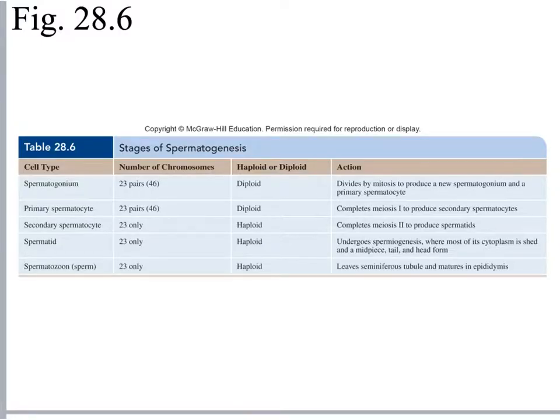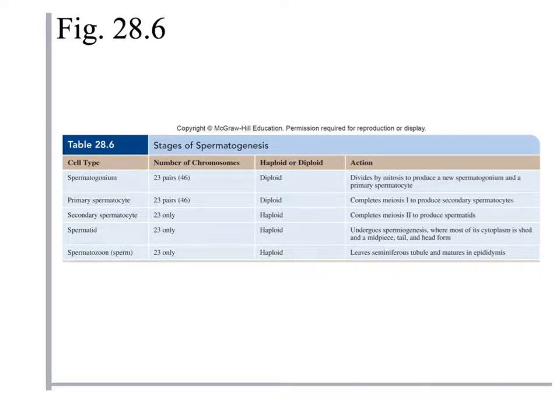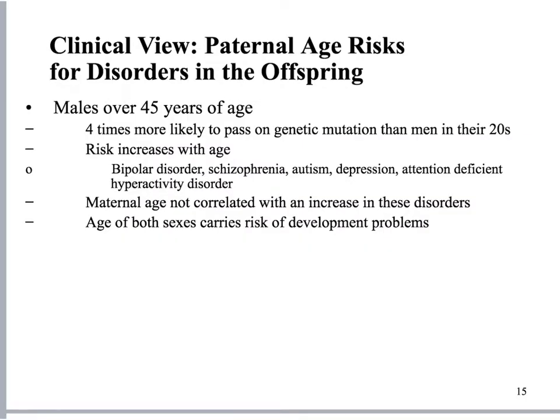Here is an explanation of the 5 different parts: spermatogonia, primary and secondary spermatocyte, spermatid, and spermatozoa. You can see where diploid and haploid transfer over, and then the development of spermiogenesis, where you end up with the structure of a sperm. At the spermatozoa, they leave the tubule and enter the epididymis for storage and activation.